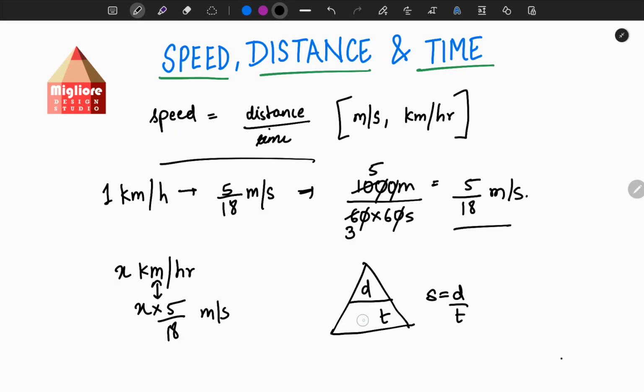Similarly, say I want to find the time, I will cover time, and I will have time is equal to distance upon speed. And say I want to find distance, so I will cover distance and I will find distance is equal to speed into time. So it's quite easy, the trick.